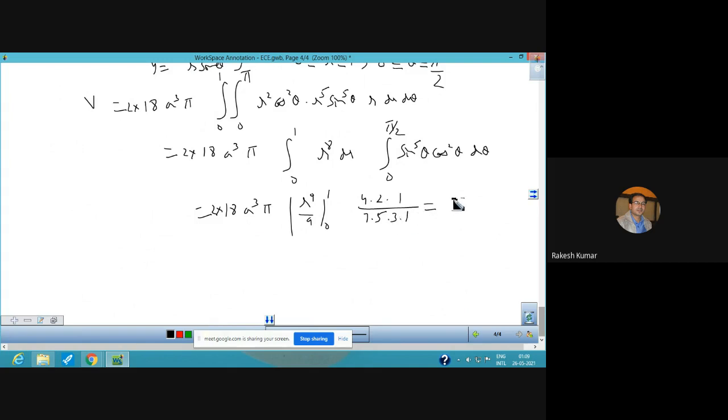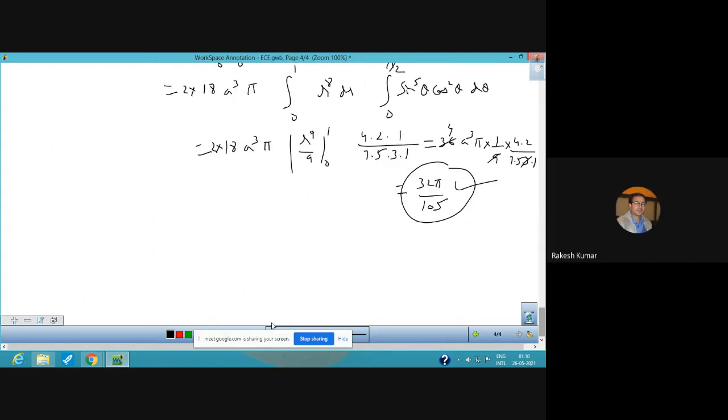So the resultant is 36 a cube pi times 1 by 9 from here, and this comes out to be 4 into 2 over 7, 5, 3 into 1. So 3 can cancel, and 9 fours are 36. So ultimately, this comes out to be 32 pi upon 105.